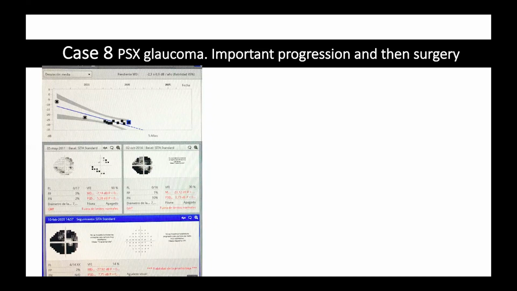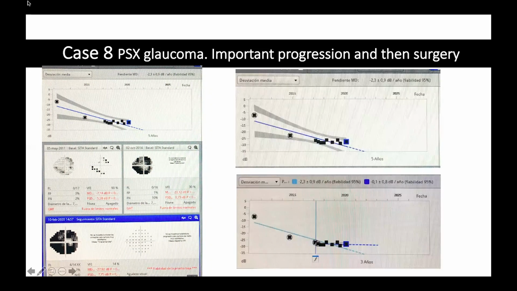How can we do this in terms of understanding? Because now we have here a -2 decibels per year loss, approximately. But this is not true. Possibly it was true here, but maybe here it is not anymore. So this somehow interferes in the whole mean of the evaluation.